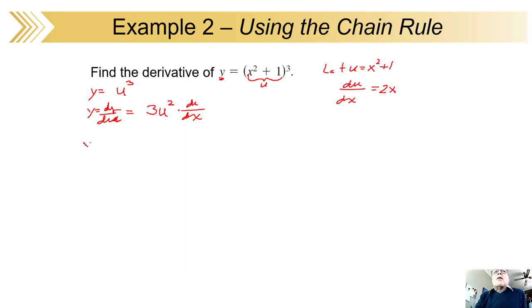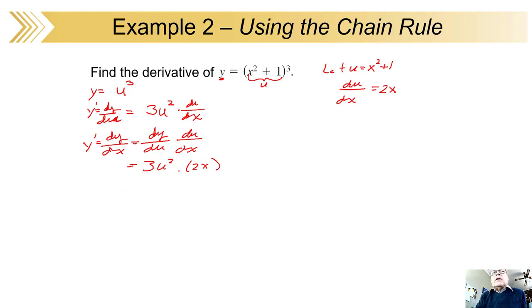So my y prime, dy/dx, is dy/du times du/dx. Dy/du was 3u squared, and du/dx over here was 2x.